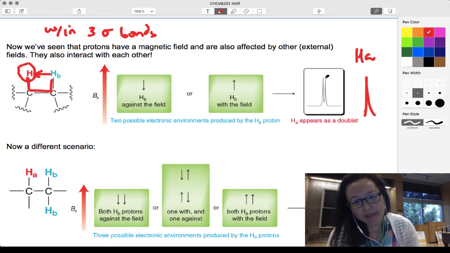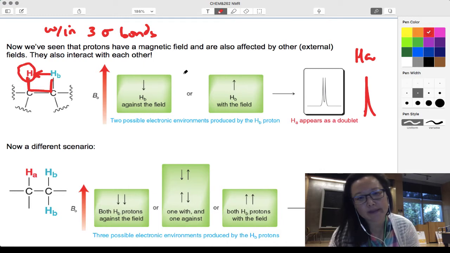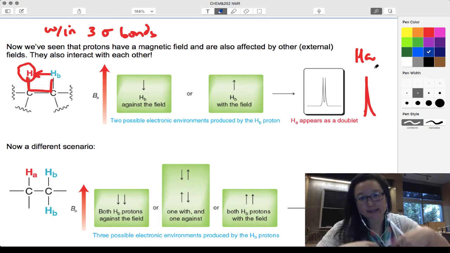A simpler way that I think of it is, I don't even think about this so much. I just think this hydrogen is going to split this signal by 1 because there's only 1 hydrogen there. So I picture the signal as what HA would give, and then any hydrogens nearby are going to split that signal.